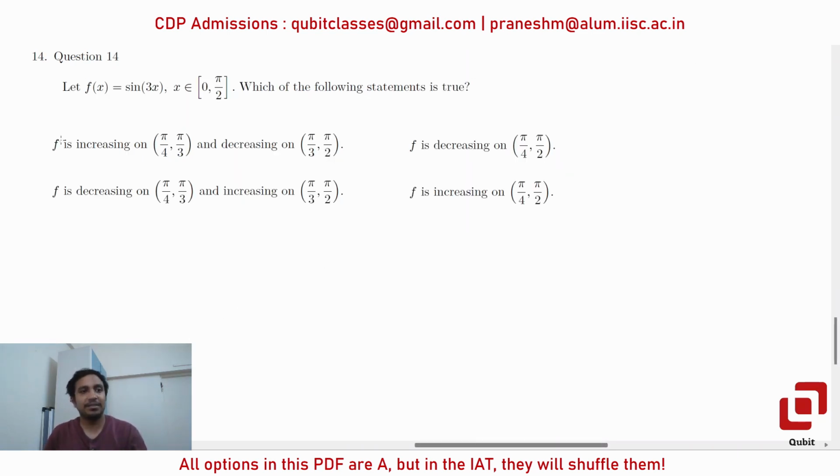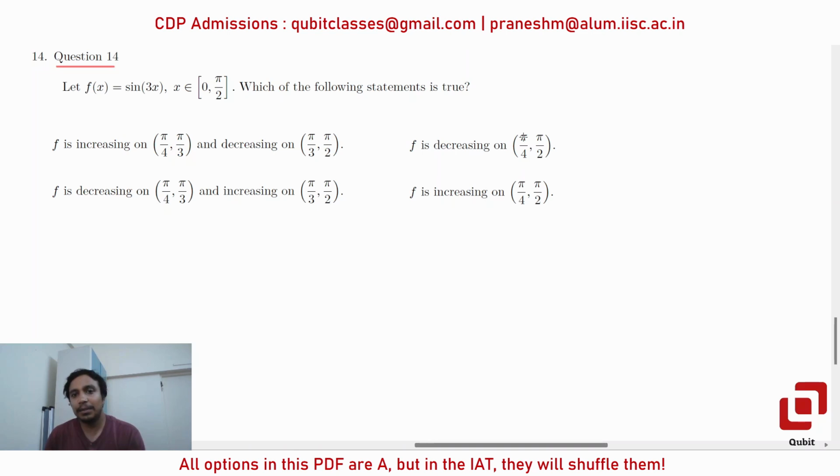Second last question, question 14, based on functions and graphs. Let f of x be sine of 3x, x belongs to the closed interval 0 to pi by 2. Which of the following statements is true? Function is increasing on open interval pi by 4 to pi by 3 and decreasing on open interval pi by 3 to pi by 2.